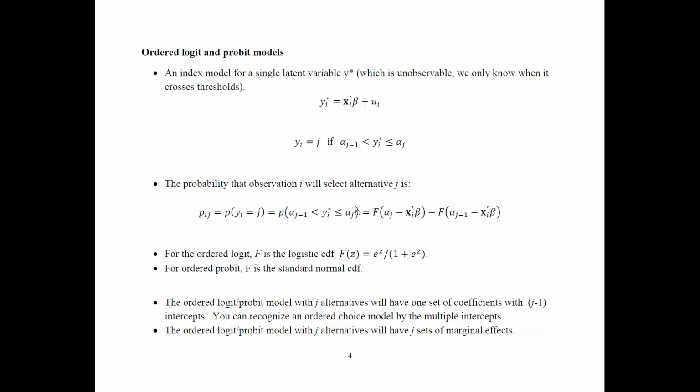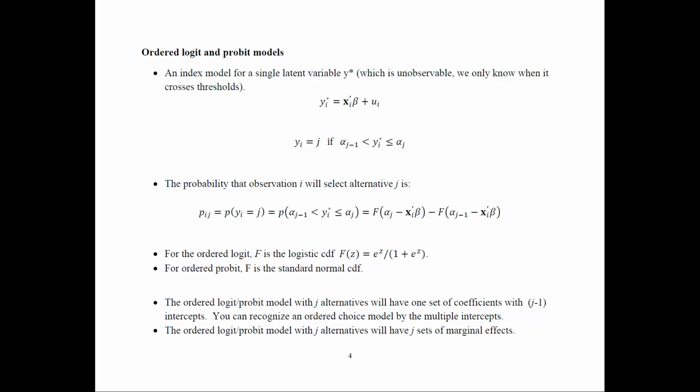And this also simplifies as the difference between these two F functions. So for the ordered Logit model, the F function would be the logistic CDF, which is listed here, and we talked about this before in the simple Probit and Logit models. And for the ordered Probit model, the F would be the standard normal CDF.